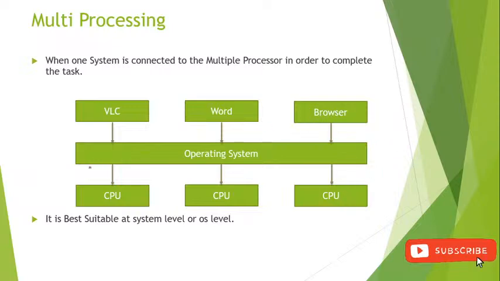When one system is connected with multiple processors, or when multiple processors execute at the same time, that is multi-processing. Here VLC, Word, and browser are multiple tasks that execute at the same time on different processors, that is the first CPU, second CPU, and third CPU.